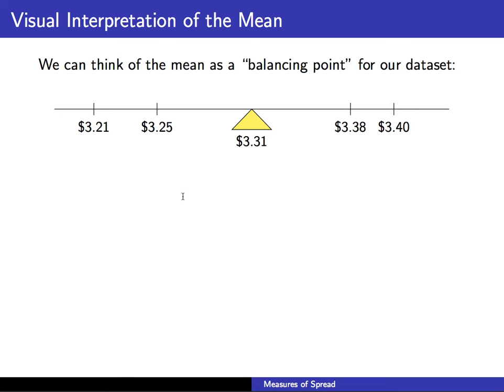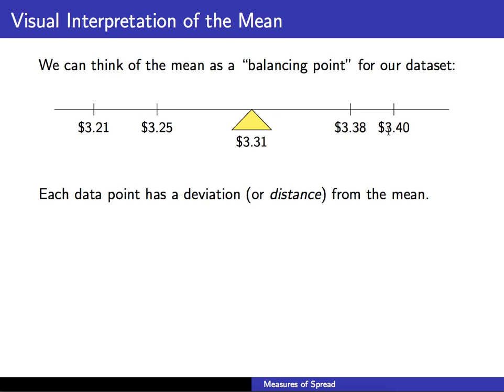So we can think of the mean as a balancing point for our data set. Here are our 4 gas prices, and the mean is the fulcrum, $3.31, and it balances out our data set. We have a couple that are below the mean, and we have a couple that are above the mean. So each data point has a deviation or distance from the mean.